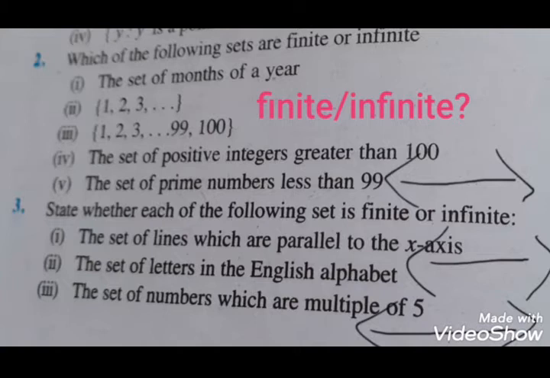Similarly, the set of prime numbers less than 99 in the same question: prime numbers are those divisible only by the number itself and 1.